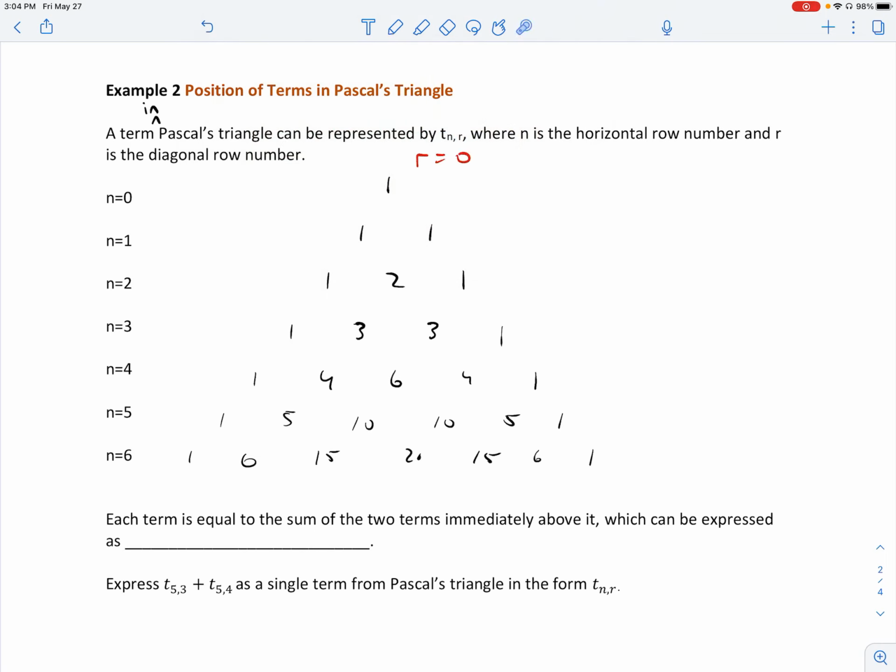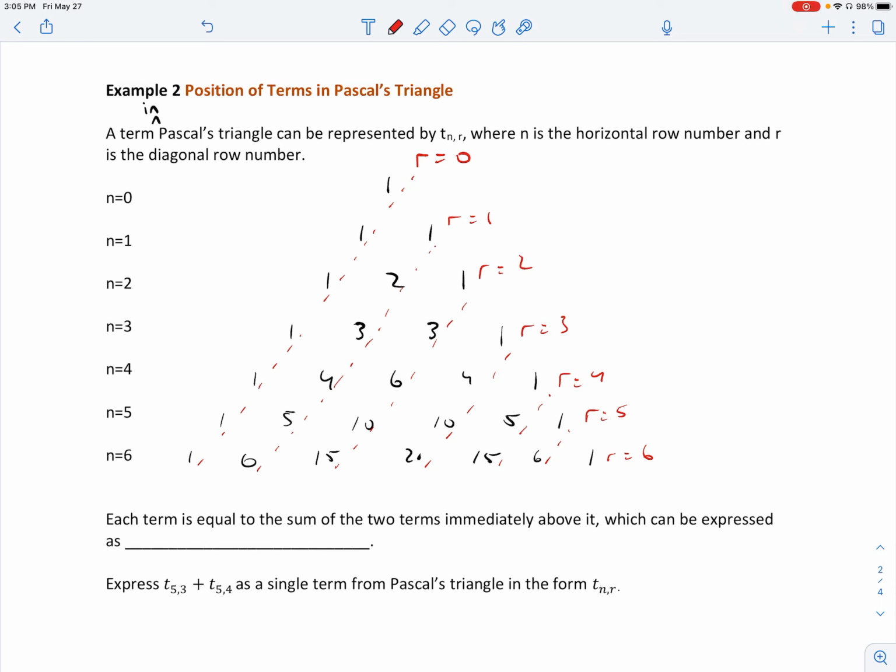I'm just going to represent that using a dashed line. So that's diagonal 0. This one here would be diagonal 1. This one would be diagonal 2, 3, 4, and the last one here would be 6.